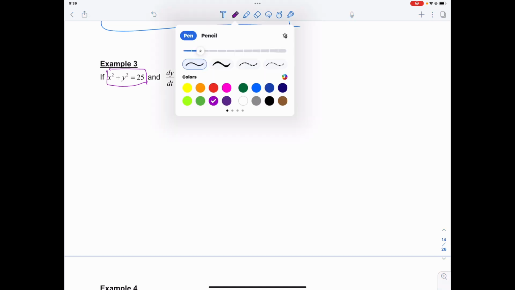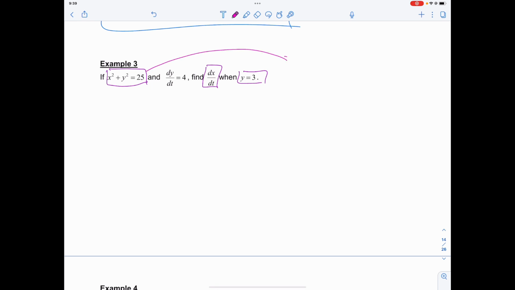Well, I'm going to take my original formula, I'm going to take my y is equal to 3, and I'm going to use that to solve for what x is. So if x squared plus y squared, or 3 squared, is equal to 25, then that means that x squared plus 9 is equal to 25, which means x squared is equal to 16, or x is equal to the positive or negative square root of 16, which is positive or negative 4.